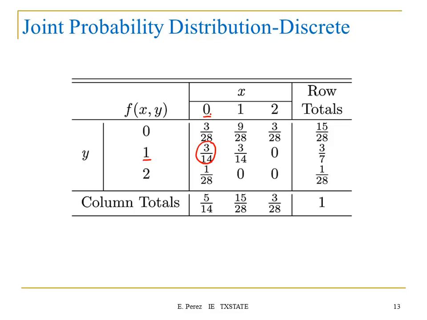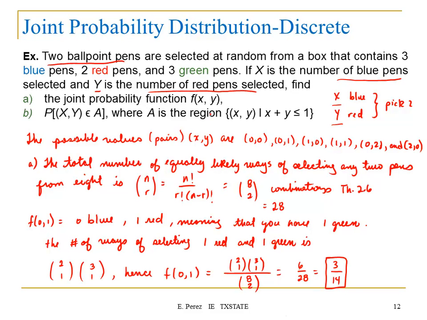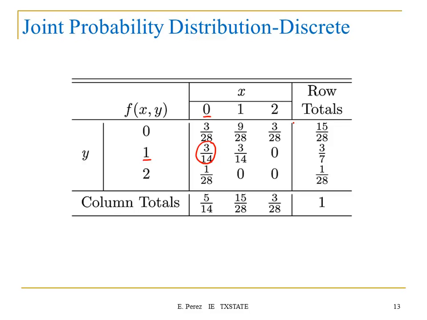The other question for the problem is to compute the probability of X and Y being in this event or set, where A is the region (x, y) where x plus y is less than or equal to 1. In other words, what we are looking at is the probability of x plus y being less than or equal to 1.